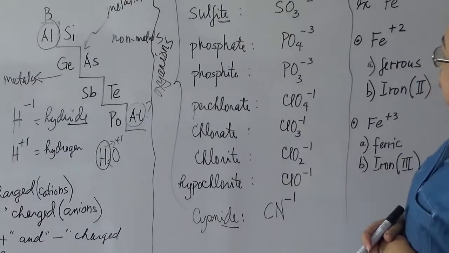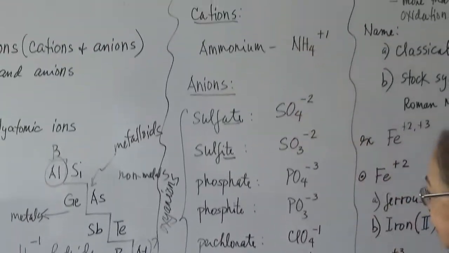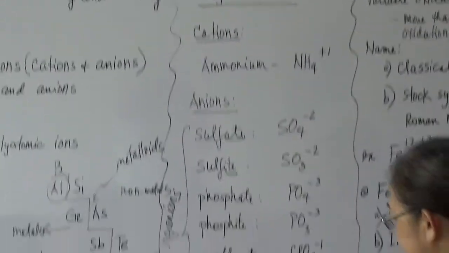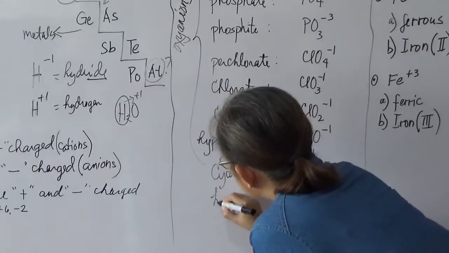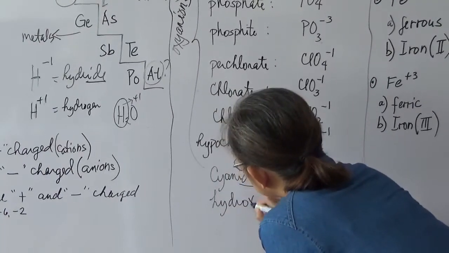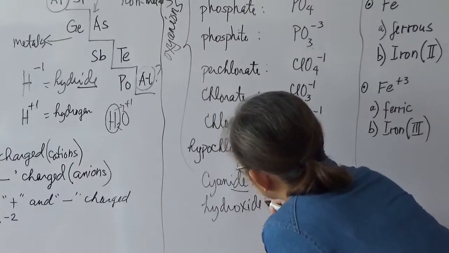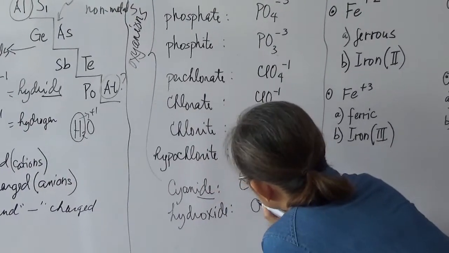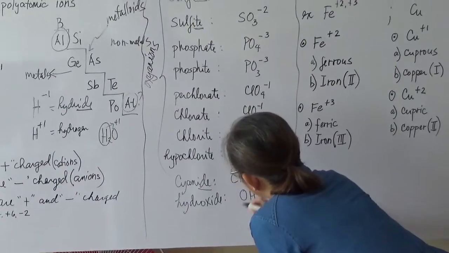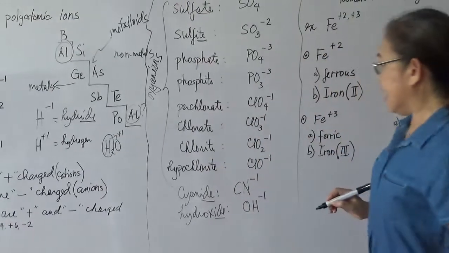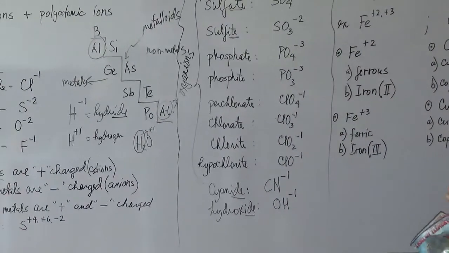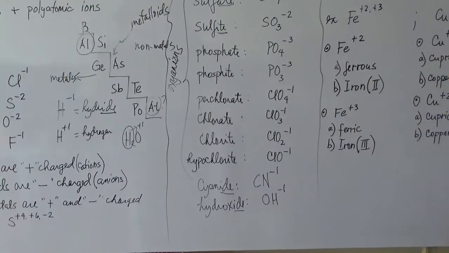Another polyatomic ion that ends with IDE is hydroxide. These are actually exceptions to the rule. So hydroxide is OH -1. Take note, it ends with IDE. So they are actually exceptions to the rule.